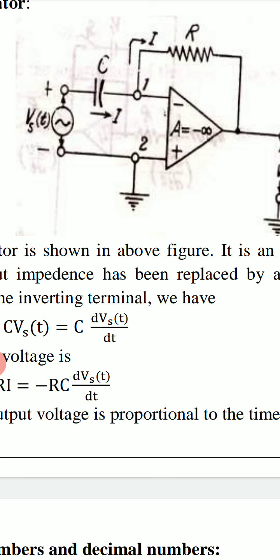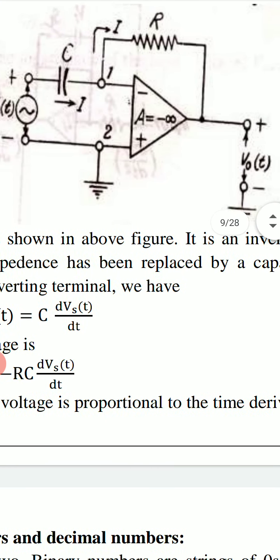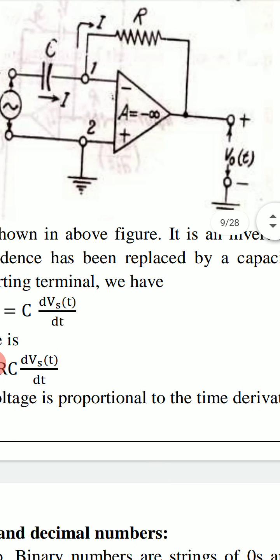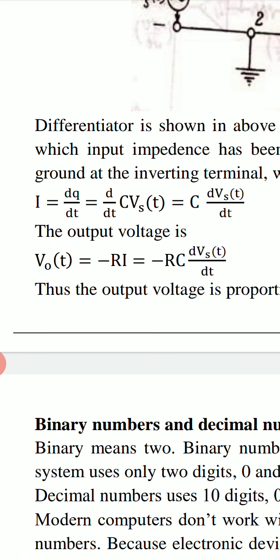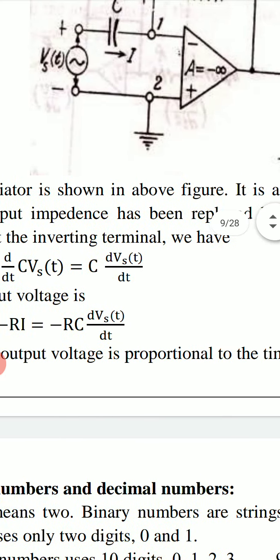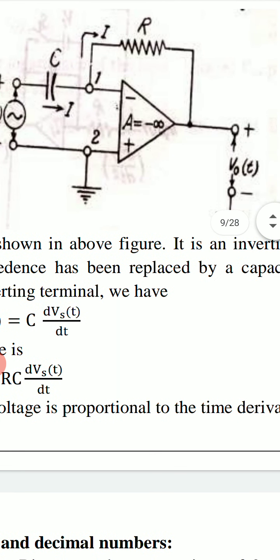So the entire current I which flows through capacitor C will also flow through resistance R. And now the output voltage VO, from the relation V equal to IR, we have VO equal to minus RI. The minus sign is used due to the direction of current I. It flows from the inverting terminal to the output terminal. So the output voltage is the negative of IR.